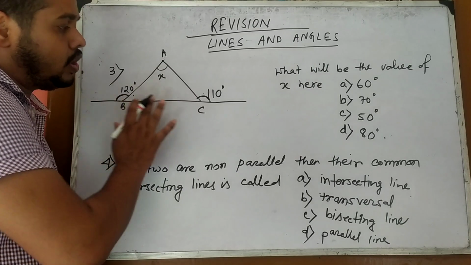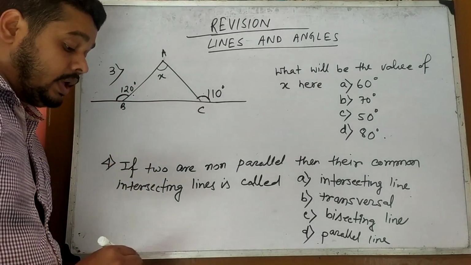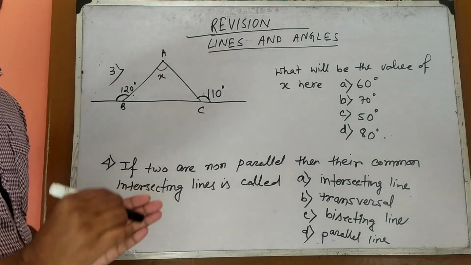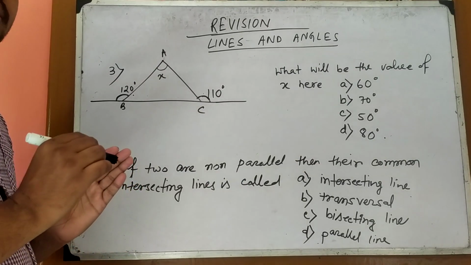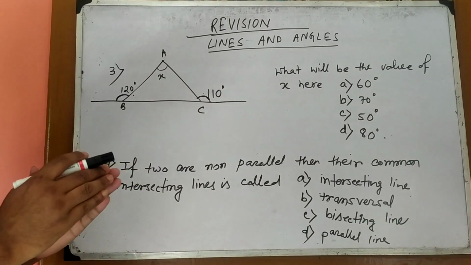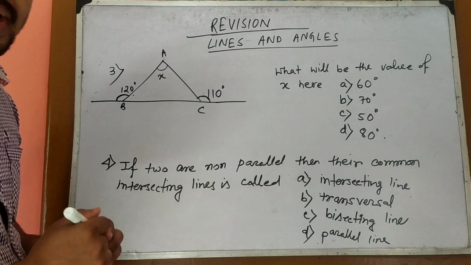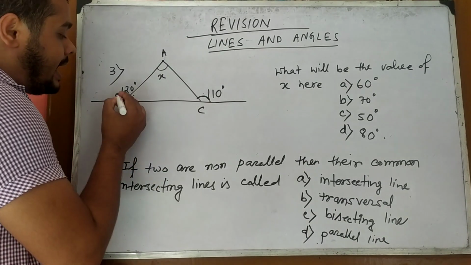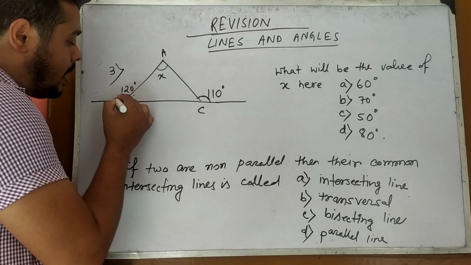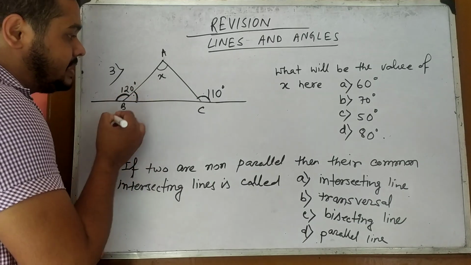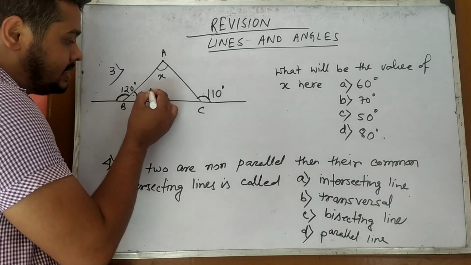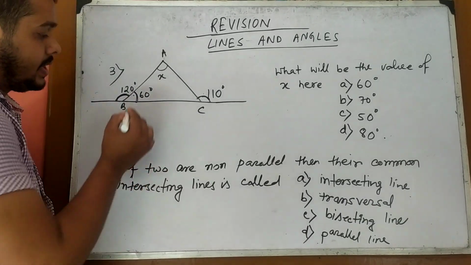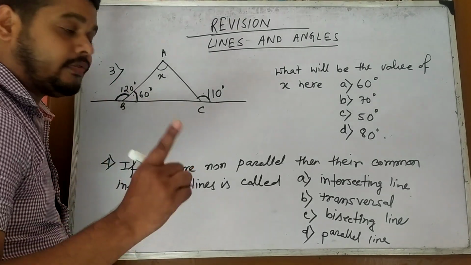I know all of you can solve this problem, but we have to use our shortest method or the shortest way to find the value. Now as this angle is 120 degrees, obviously this angle will be 60 degrees by the linear pair of angles property.